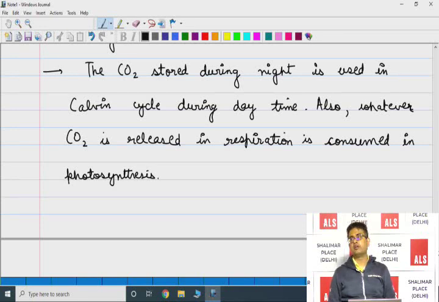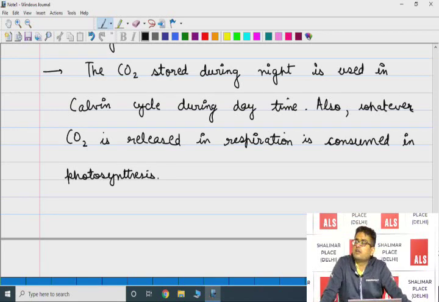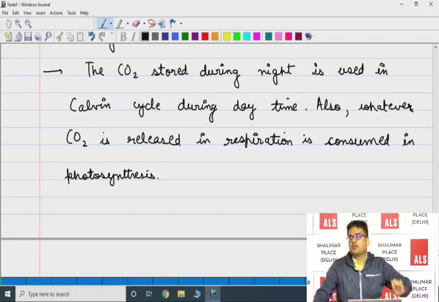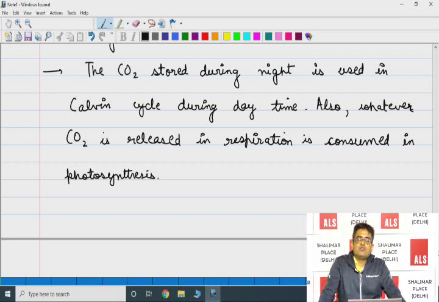Now there is one more interesting phenomenon that I want you to remember. In the night time, a lot of carbon dioxide is being stored. So can you tell me, if you take Opuntia, let's say in the evening and in the morning, at which time will you find that it is more sour in taste?